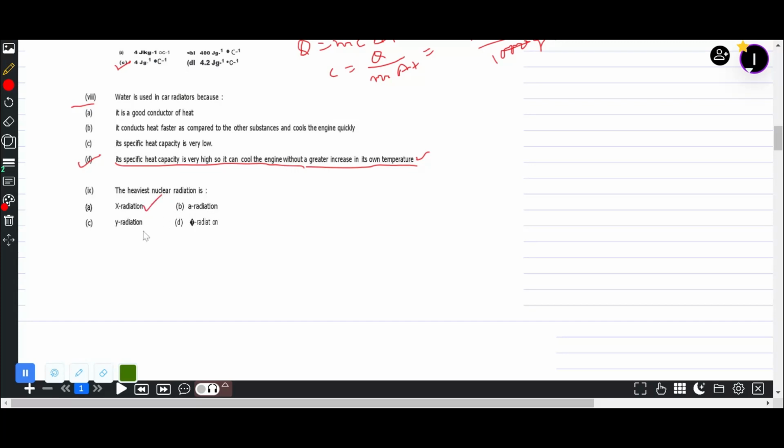I presume the options are X, alpha, gamma, beta. So this is X radiation, alpha, this is beta. Okay, so that's a mistake here. So alpha radiation is the answer.